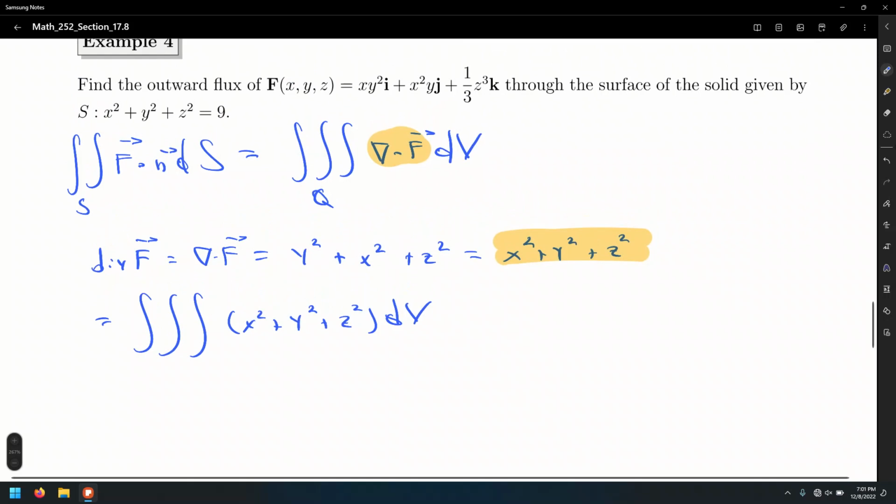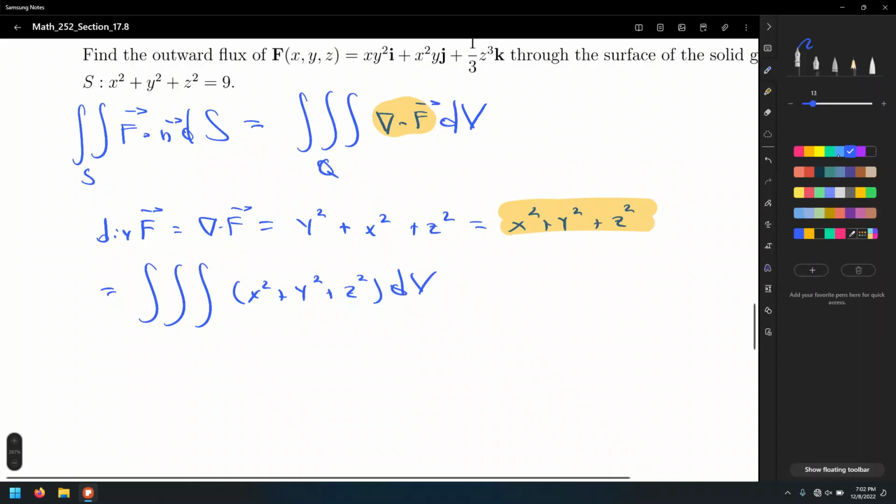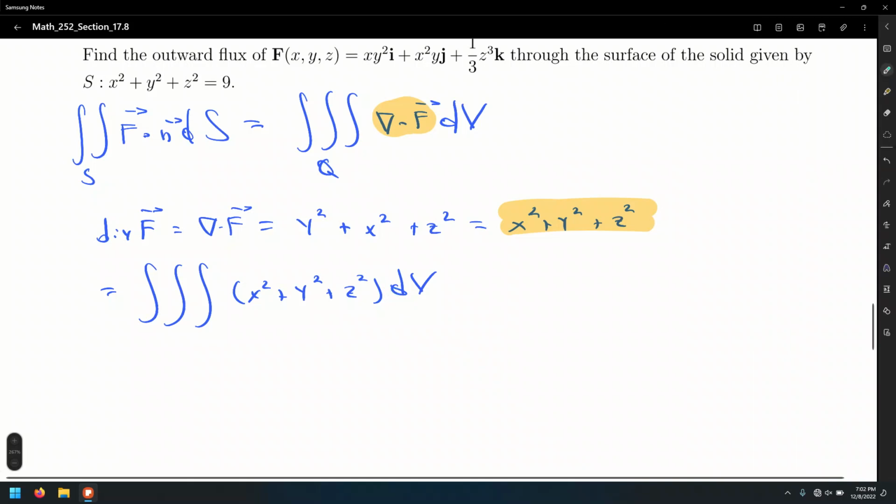Recall that dV in spherical coordinates is given by rho squared sine phi d rho d phi d theta. And we will also replace x squared plus y squared plus z squared. What is that going to be replaced with in spherical coordinates? Rho squared.